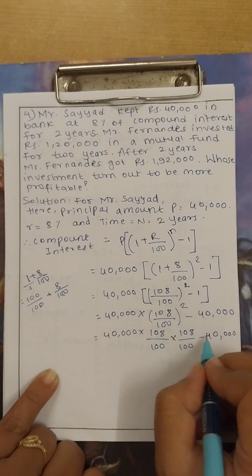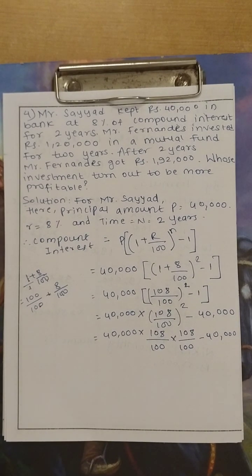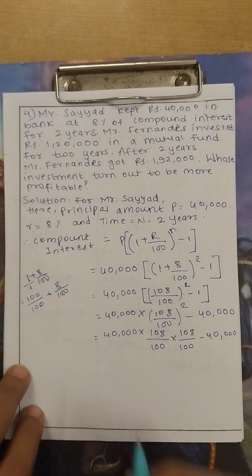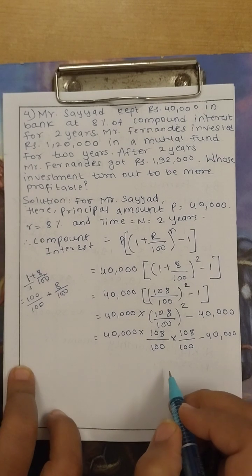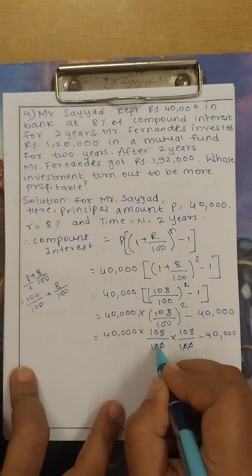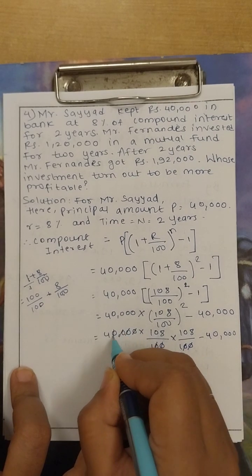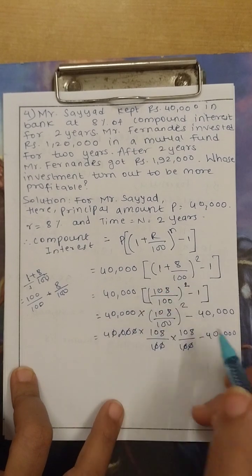108 into 108 is equal to 11,664. Let's remove these zeros first. 1, 2, 3, 4. 1, 2, 3, 4 gets cancelled.